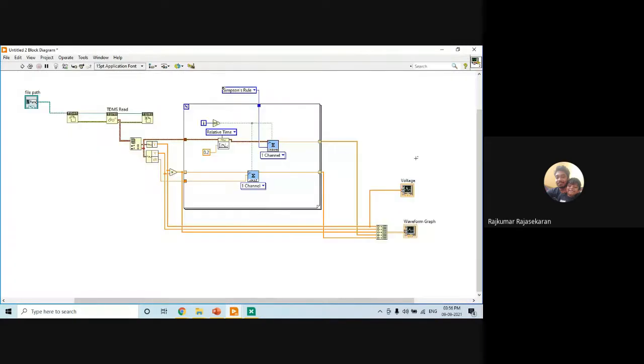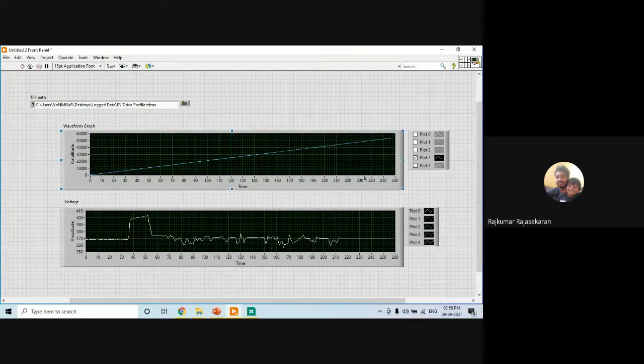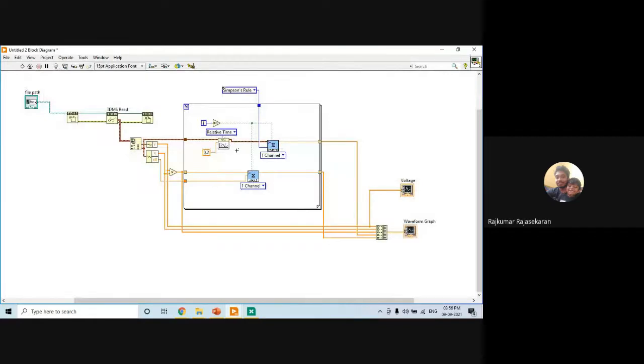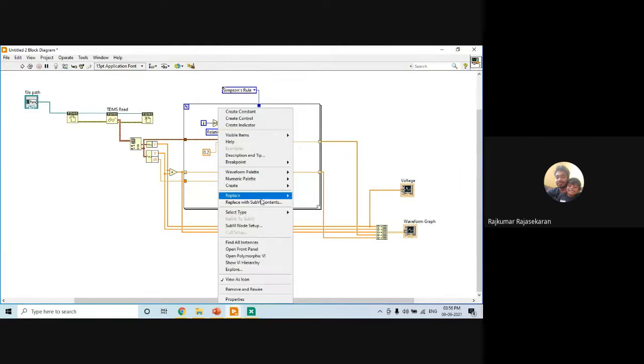So charge shows as 0. Maybe 0.2 should be given here. Okay, this is 0.2, and this I believe should be 1.